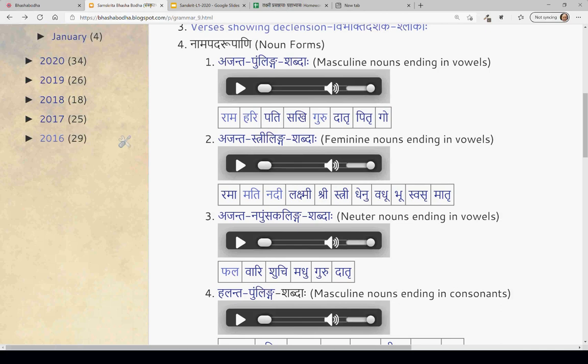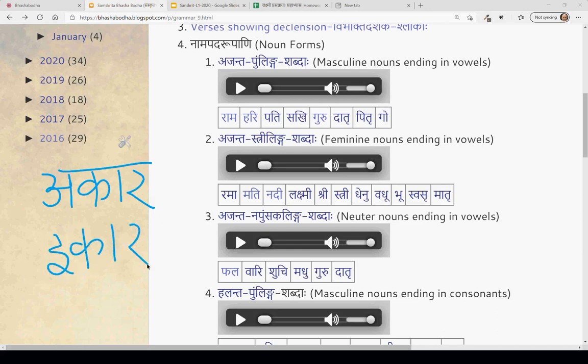Akaranta means word ending in a sound. Akara means a sound. Ikara means e sound.